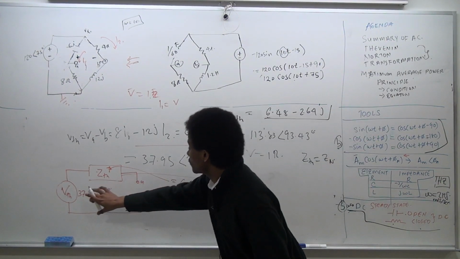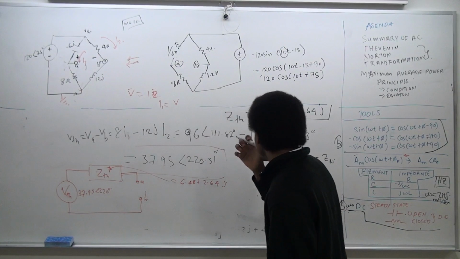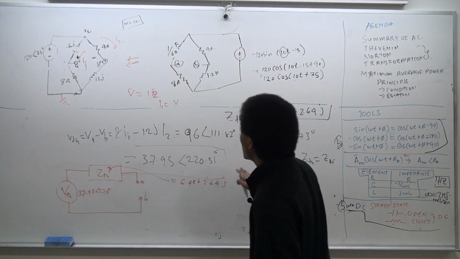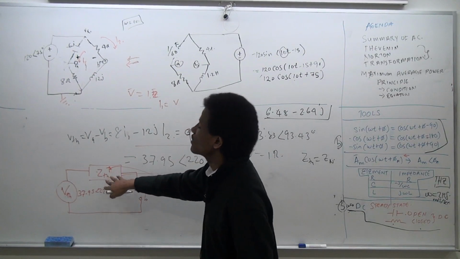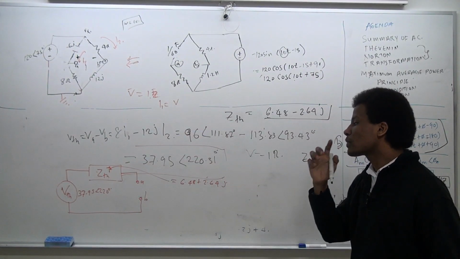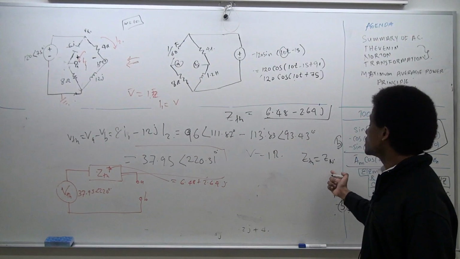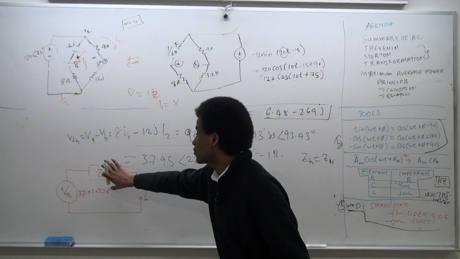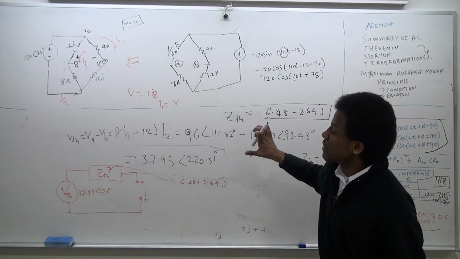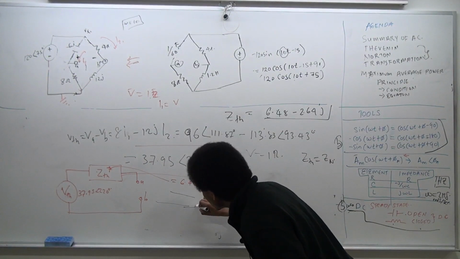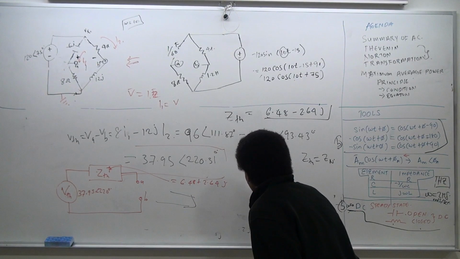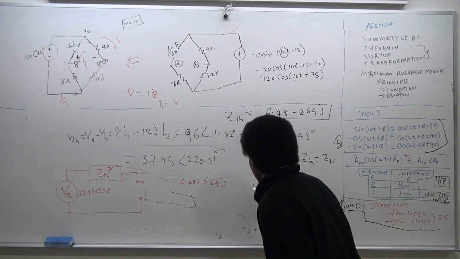So you just take the V Thevenin divided by the Z Thevenin to find the I Norton, and then you would take the Z Thevenin or the Z Norton, doesn't make a difference, they're both equal, and you take it and make it in parallel. So for you to see that, this guy is the equivalent of I Norton, okay?